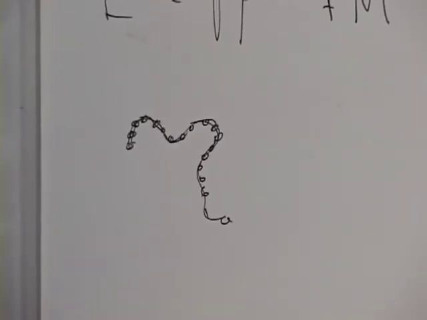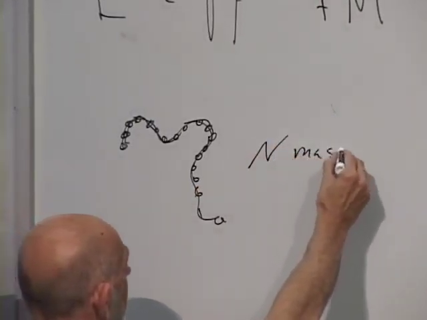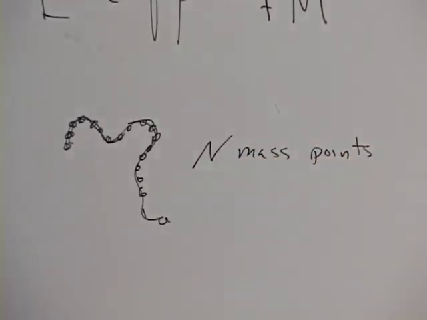Capital N mass points, and n-1 springs between them. Think of a string as a collection of mass points with little springs between them, n-1 springs, okay? And let's write down its energy.